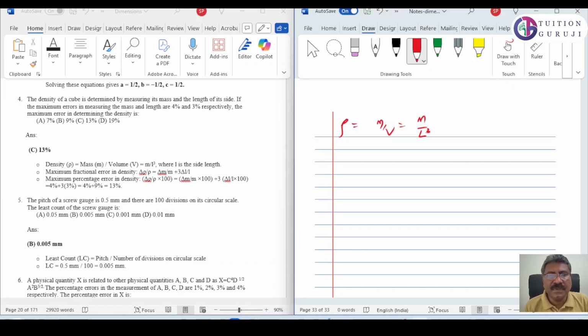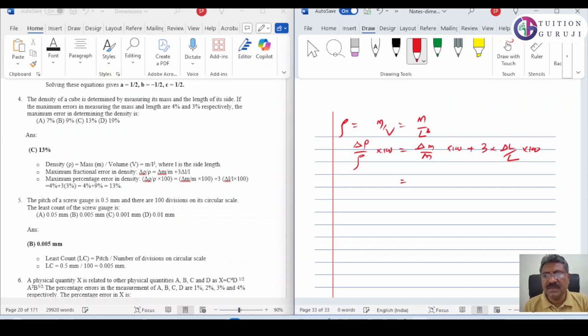So to find out the relative or fractional error, delta rho by rho into 100 is equal to delta m by m, that is relative error of mass into 100, plus, for L cube, 3 into delta L by L into 100.